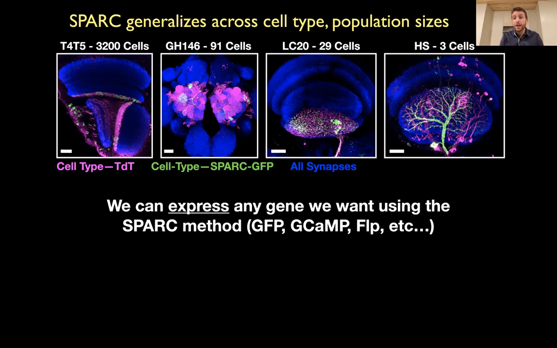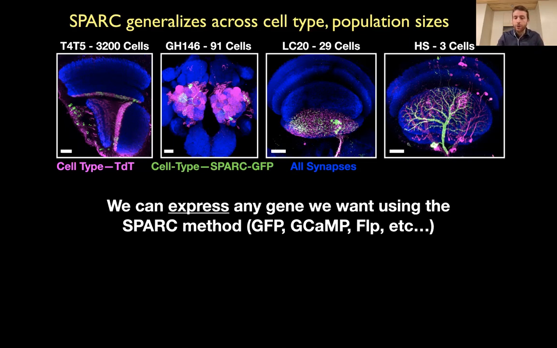Now, of course, here I'm expressing GFP with SPARC, but because the toolkit is completely modular, I can swap GFP for any specific effector that I want and express any other transgene that I want.